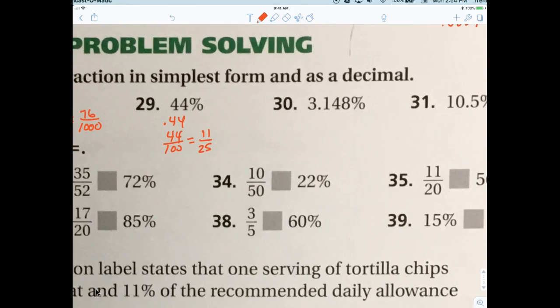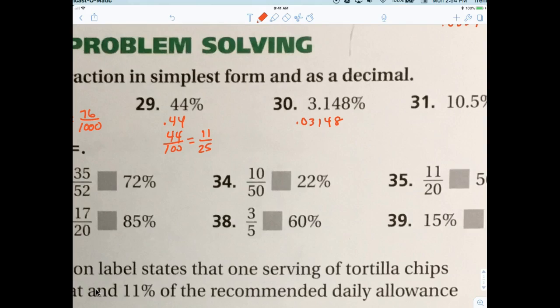30. What decimal? So it'd be 0.0314, and that was 0.03148. Does anybody understand that? Anybody have an issue? You still move the decimal over how many spots? 2. I don't care. Move it over 2 spots. Now I'm at 0.03148. Now you got to write it as a fraction.